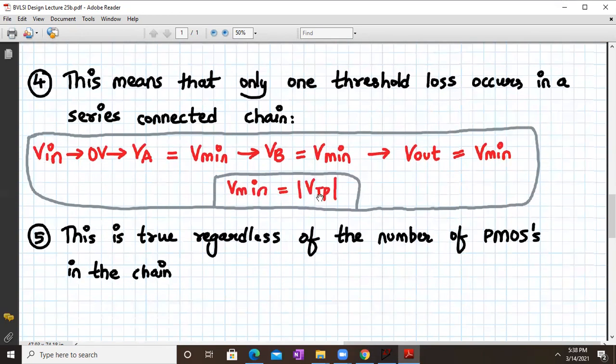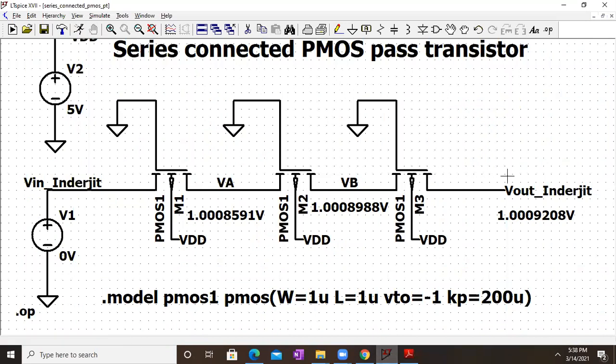And this is true regardless of the number of PMOS transistors in the chain. So if you connect 100 PMOS transistors in this chain, and if you apply logic 0, the output of all of them will be mod of VTP, whatever the VTP value is. If it is -1, it will be 1 volt throughout the long chain of 100 transistors.